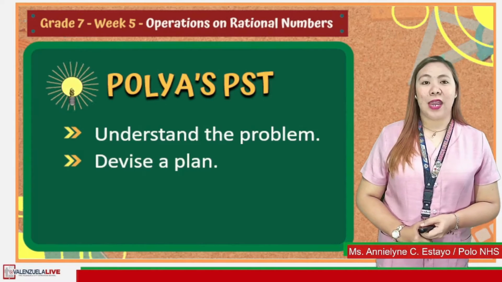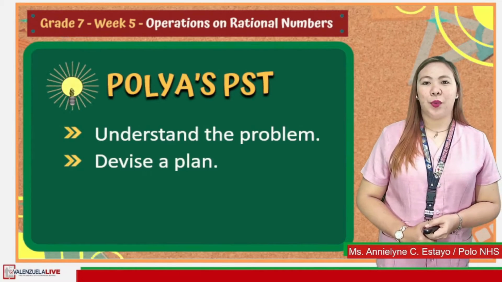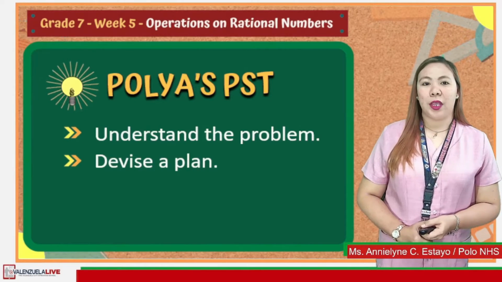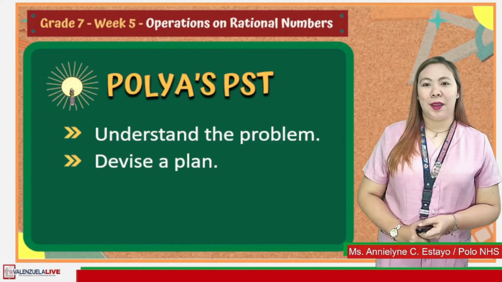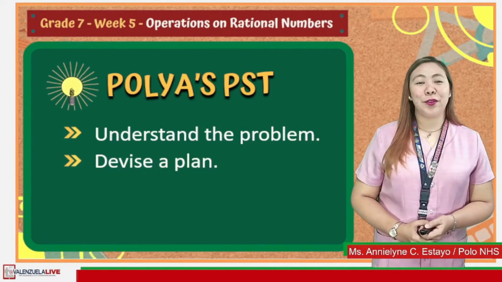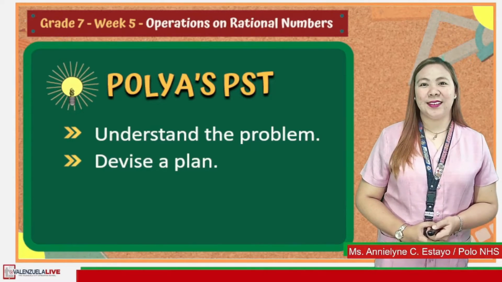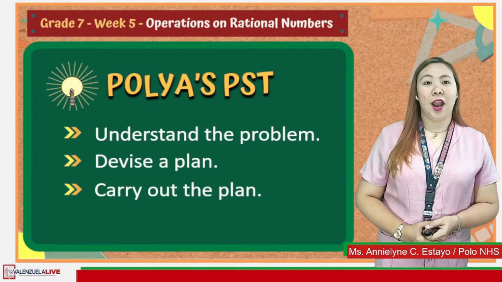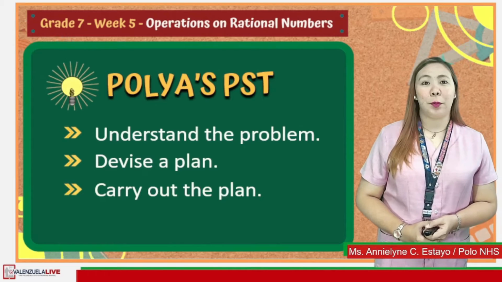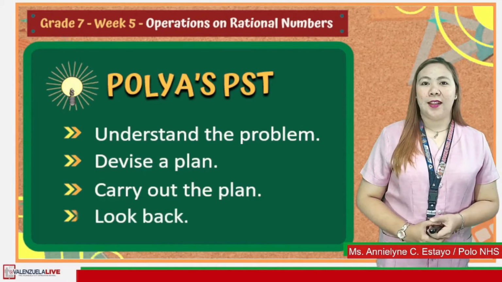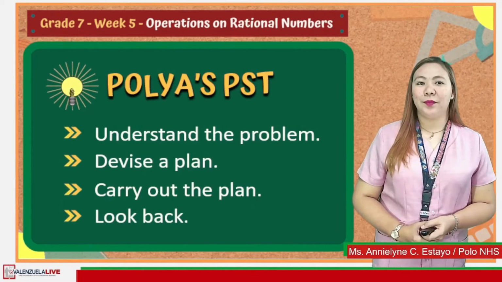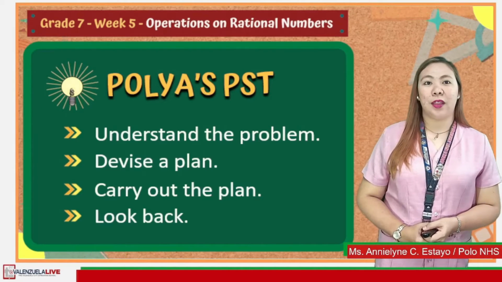Second is to devise a plan. This is where you need to come up with a way in solving the problem. It can be through the use of equations, diagrams, or charts. Next is to carry out the plan, or the solving process itself. And the last step is to look back or to check and interpret the result.